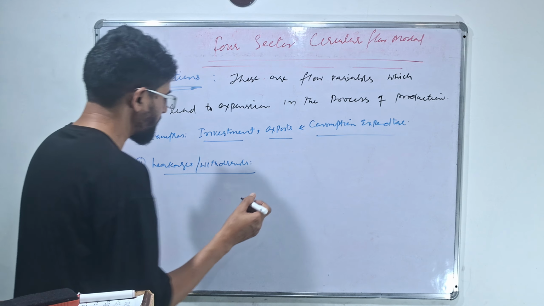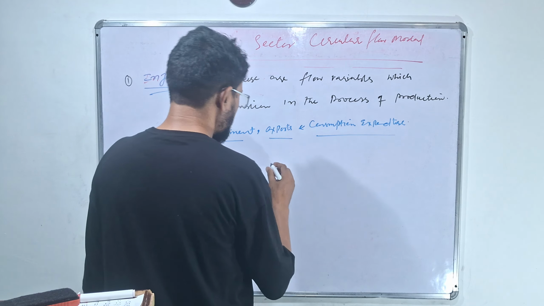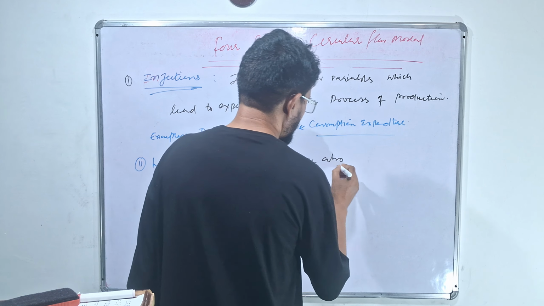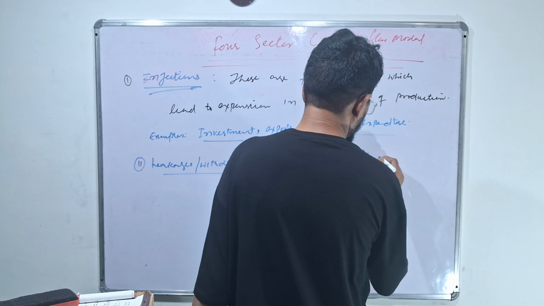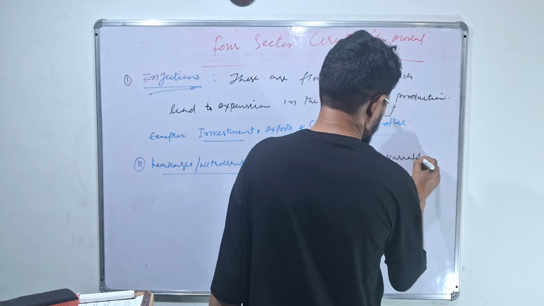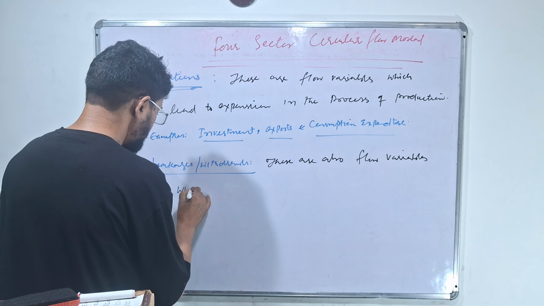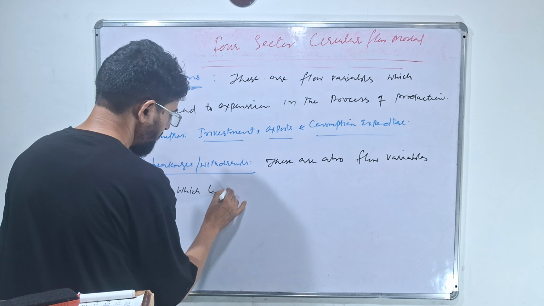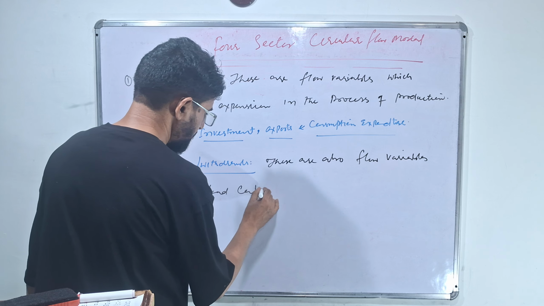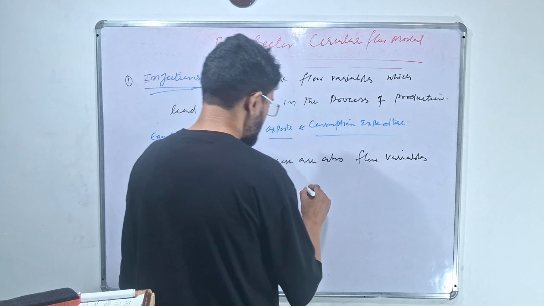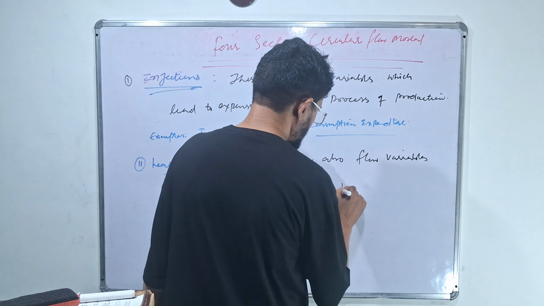What are the leakages or withdrawals of an economy? These are also flow variables which lead to contraction in the process of production.